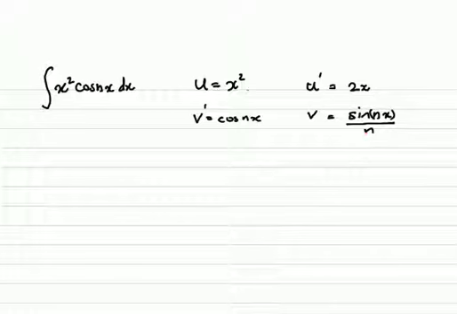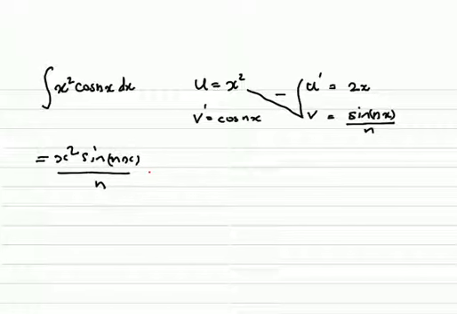Then in the formula, v and u come together, and these two go under the integral sign, and we subtract them. Then this integral is going to be equal to x squared sine nx all over n minus the integral.